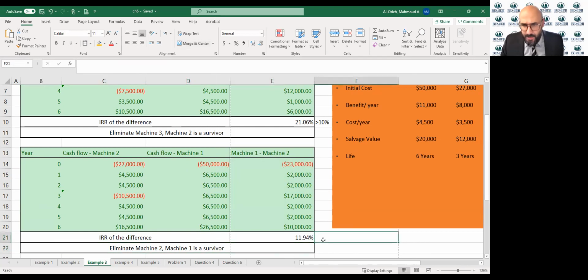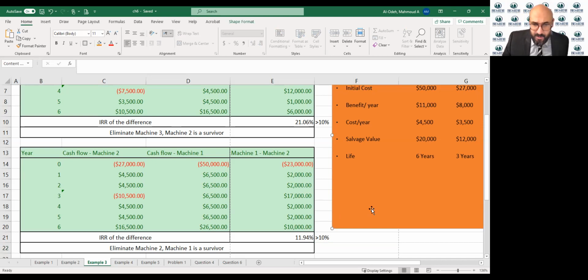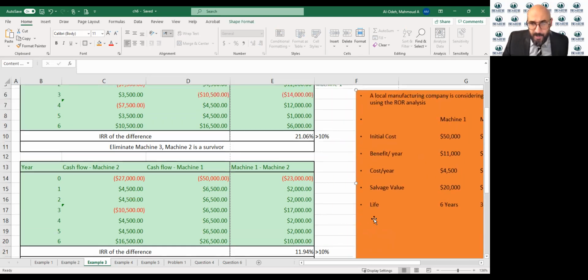And this is higher than 10%. And therefore, we say we should select the machine that has the higher cost, and machine 1 is the one that would be selected. Machine 2 is eliminated based on the analysis. So the final conclusion is select machine 1 to be the survivor.